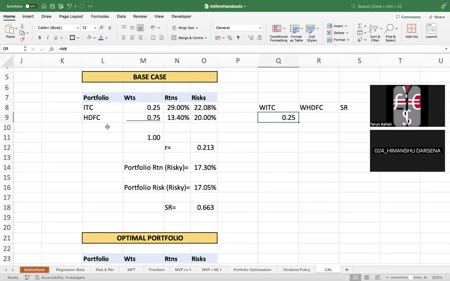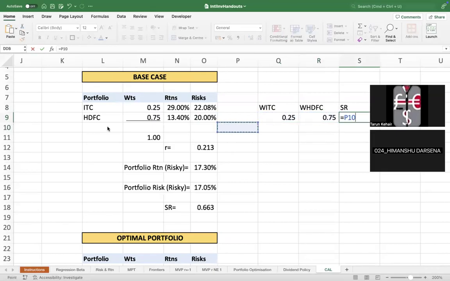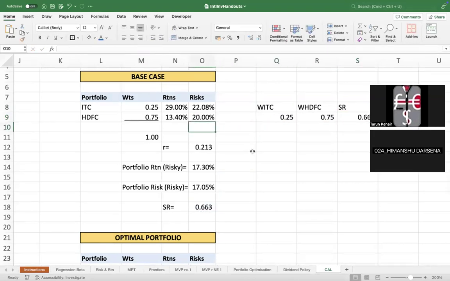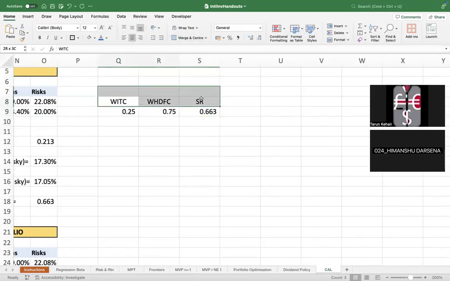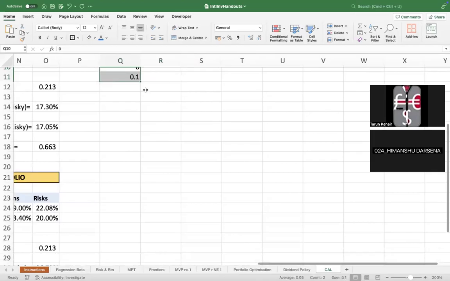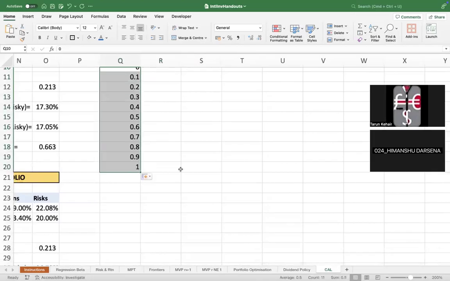So weight of ITC I take from here. Weight of HDFC is 1 minus weight of ITC, and Sharpe's ratio is currently 0.663. And then what I will do is I will create a graph or table here starting from 0, 0.1 and going up to 1.